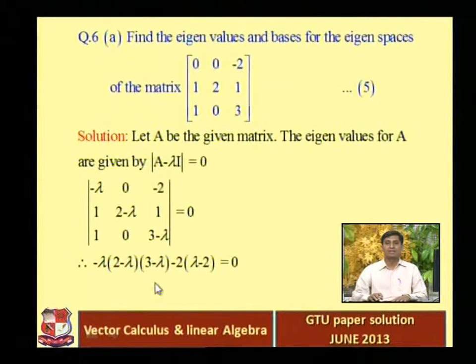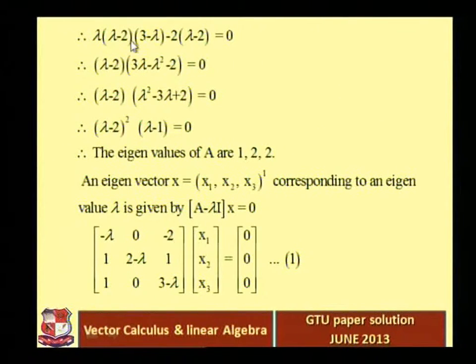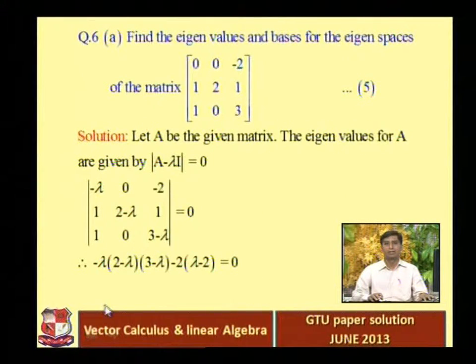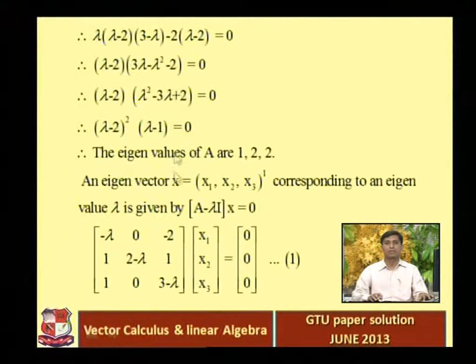Now when we simplify, lambda into lambda minus 2, because this minus 1 can go inside the bracket, so 2 minus lambda becomes lambda minus 2. So lambda minus 2 into 3 minus lambda, minus 2 into lambda minus 2, equal to 0.